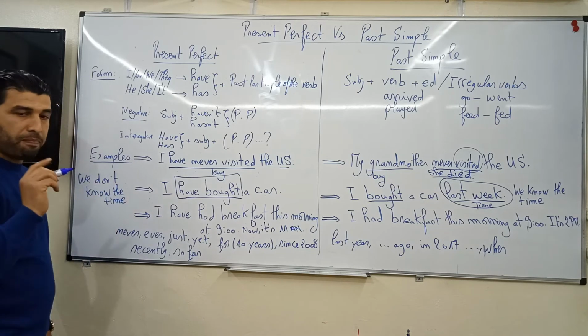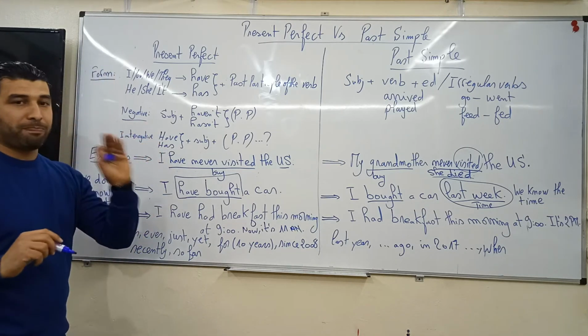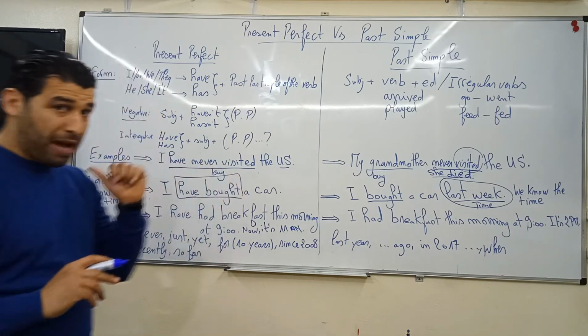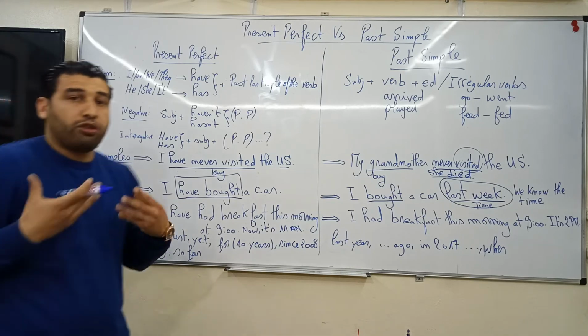In English, this is the basic and big difference between present perfect and simple past. Present perfect is used for actions that happened in the past whose time is not known.